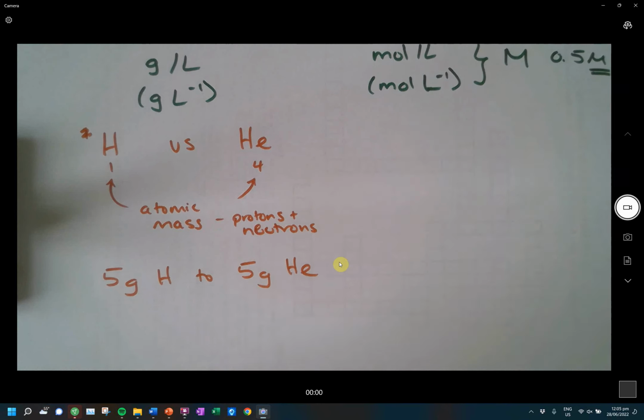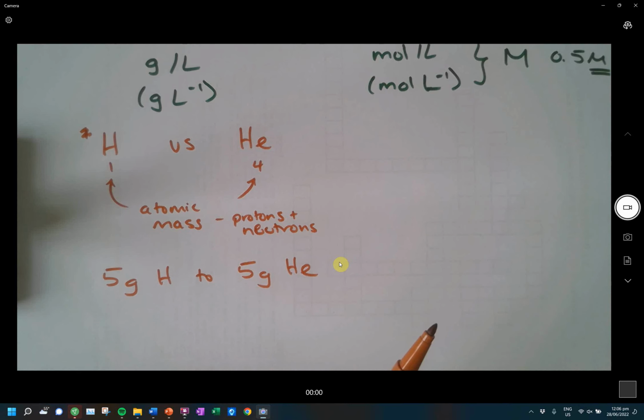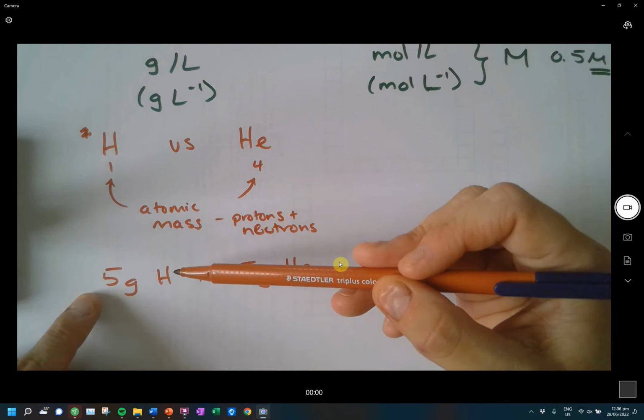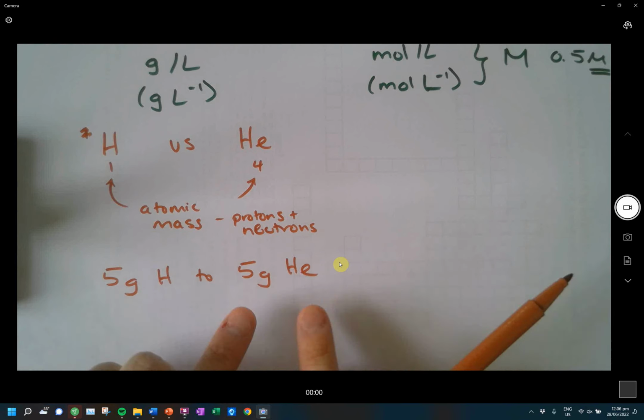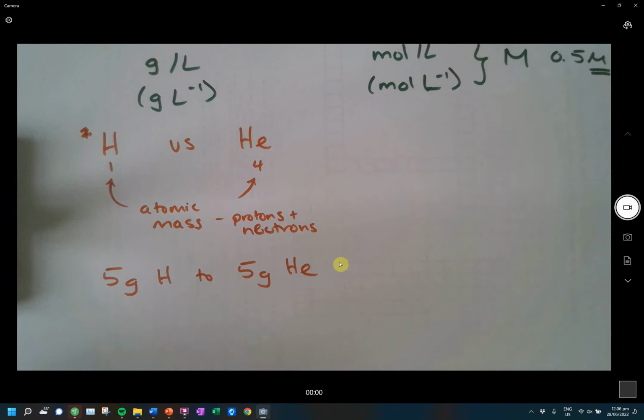So when it comes to the quantity of atoms, would this number be the same? No. Do you see how this is a bigger atom than this one here? If I had 5 grams of hydrogen and 5 grams of helium, I wouldn't have the same amount. I would have the same weight, but not the same number of atoms.